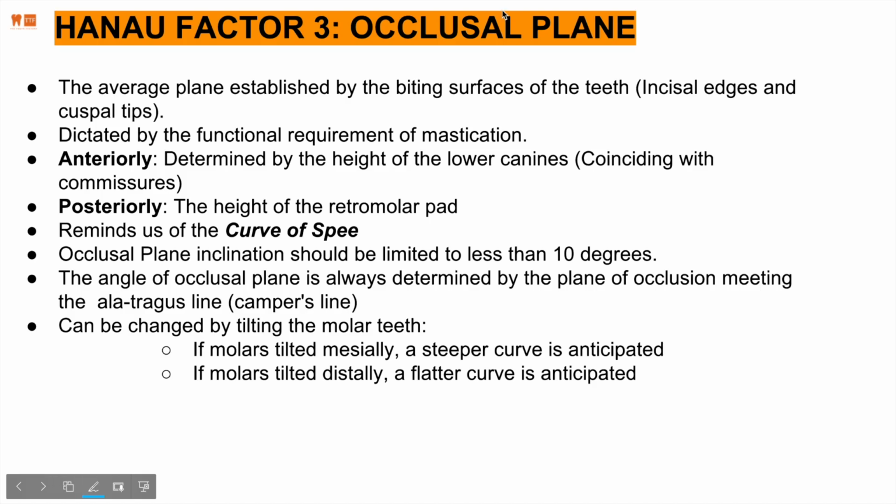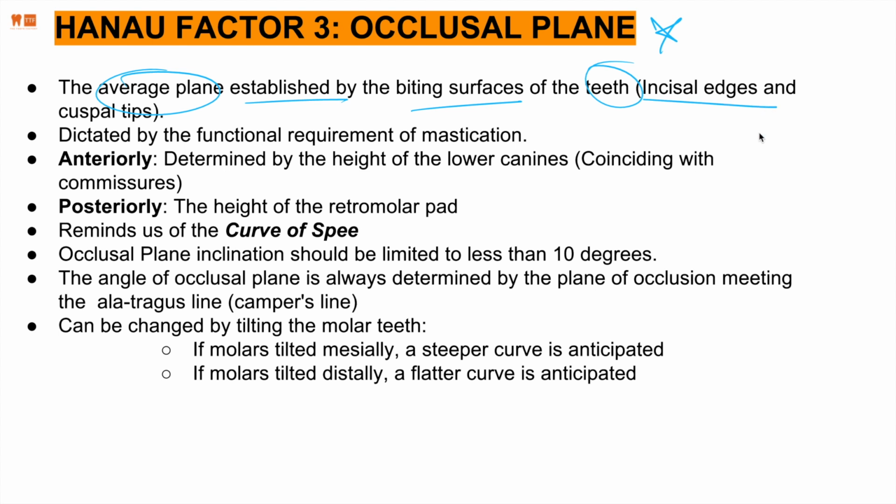Okay, third factor, occlusal plane. Now, the average plane is established by biting surfaces of the teeth. Remember the paper on teeth example. Incisal edges and cuspal tips, dictated by functional movement requirements of mastication. Everyone chews differently, right? How you chew forms how your occlusal plane should be.